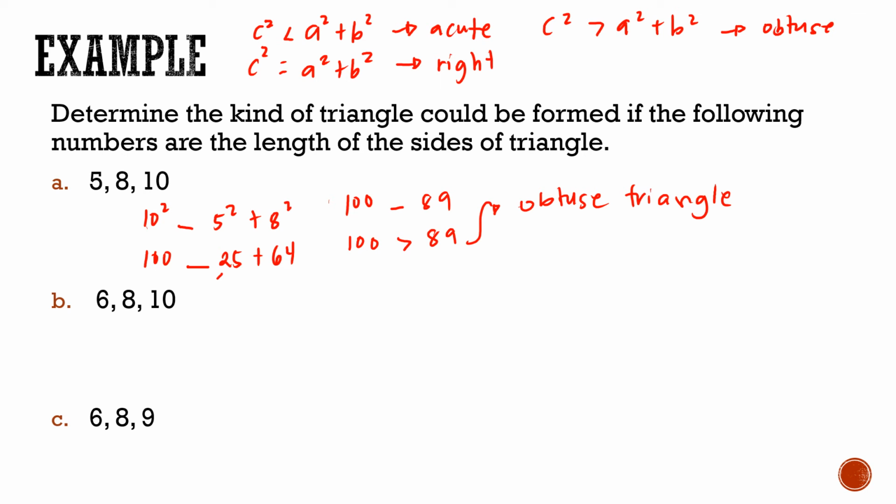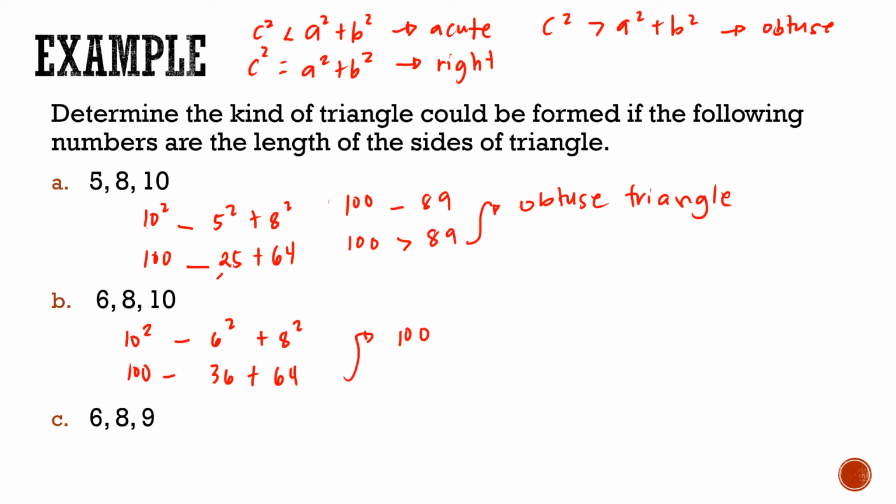Let's have letter B. Same, the largest number will be 10. So we can write this as 10 squared blank 6 squared plus 8 squared. 10 times 10, or 10 squared, is 100. 6 squared is 36 plus 64.